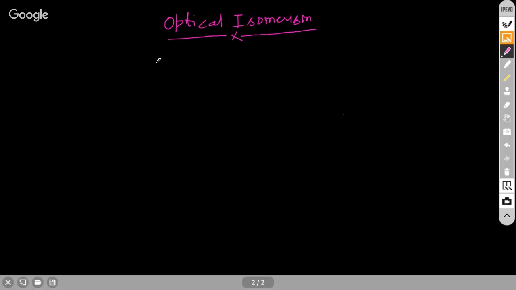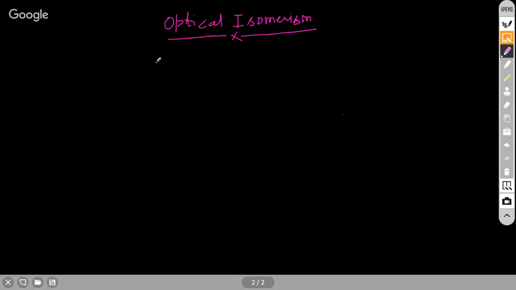What is plane polarized light? That also we'll see. If the molecule can rotate the plane polarized light in any direction, whether clockwise or anti-clockwise, if the rotation is possible, it means that the molecule is optically active.